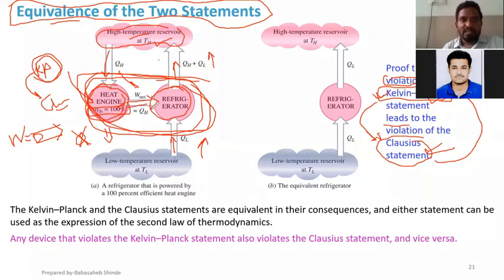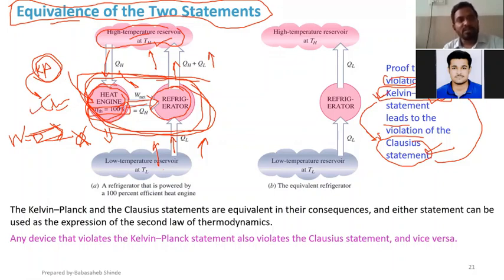So those two are interactions with the same reservoir, and this is interaction with the low temperature reservoir. So in short, together, they are transferring heat from a low temperature body to a high temperature body without the help of any external agency. They are not consuming any external work and transferring heat from low temperature to high temperature, and that is going to be violation of Clausius statement.